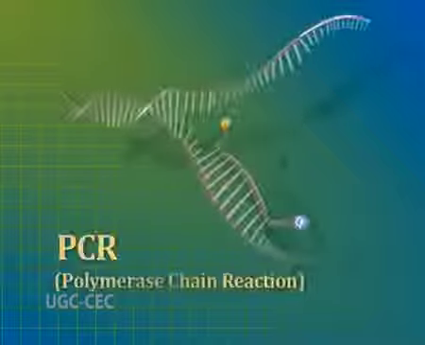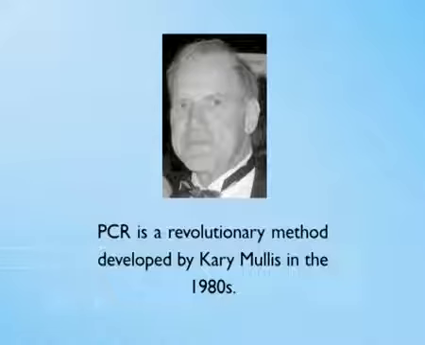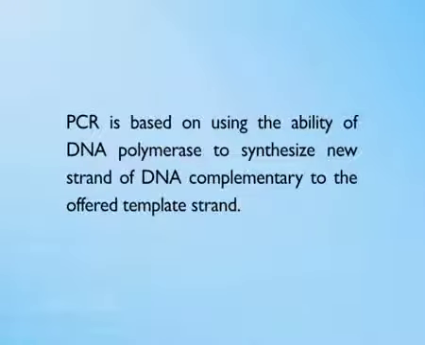Now let us discuss polymerase chain reaction, also known as PCR. PCR is a revolutionary method developed by Kary Mullis in the 1980s. PCR is based on the ability of DNA polymerase to synthesize a new strand of DNA complementary to the offered template strand.